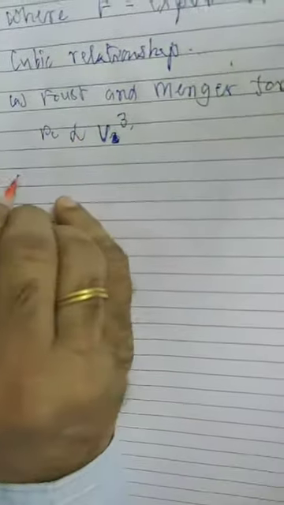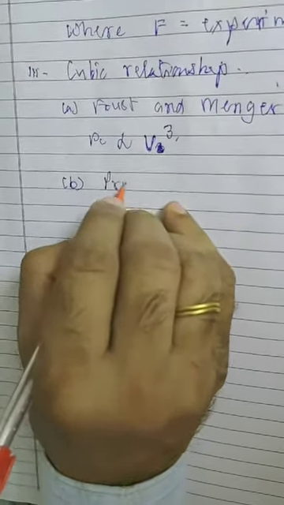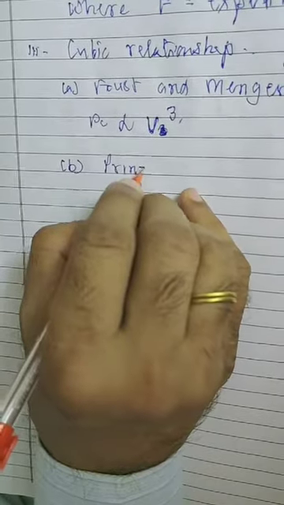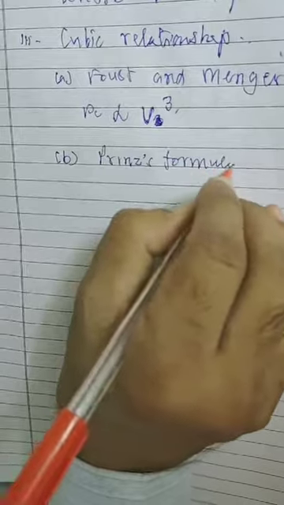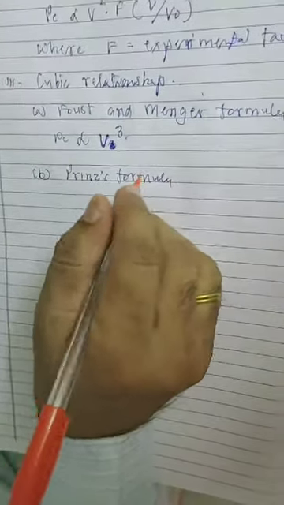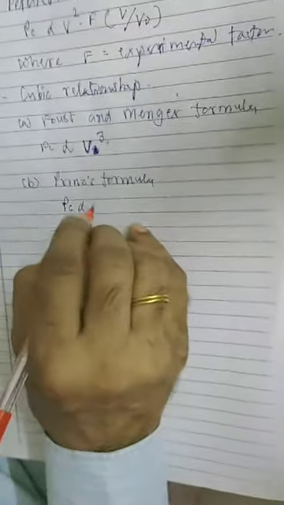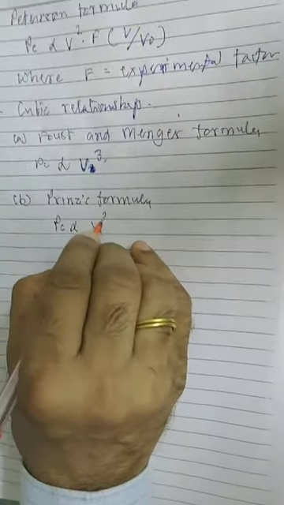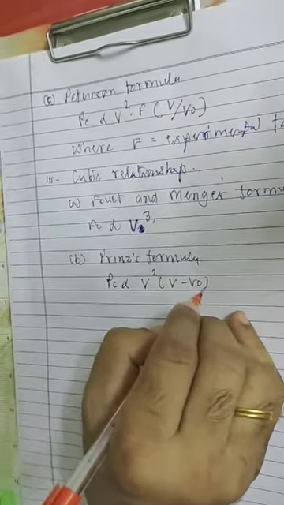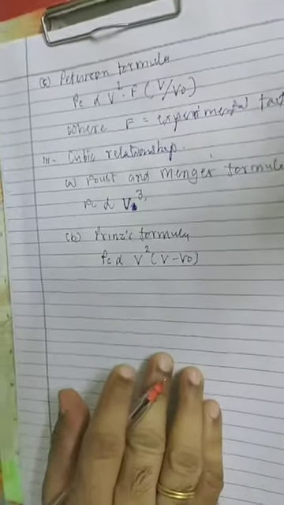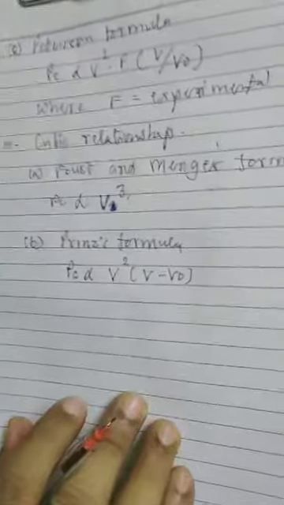Then as per the Prince formula, developed in 1940, corona loss Pc is directly proportional to V square into (V minus V0). So this is the classification to calculate corona loss based on the voltages.